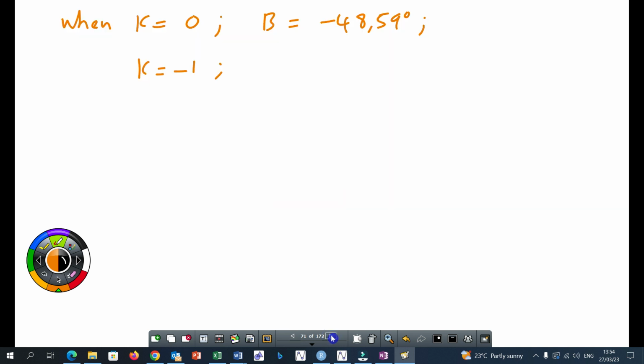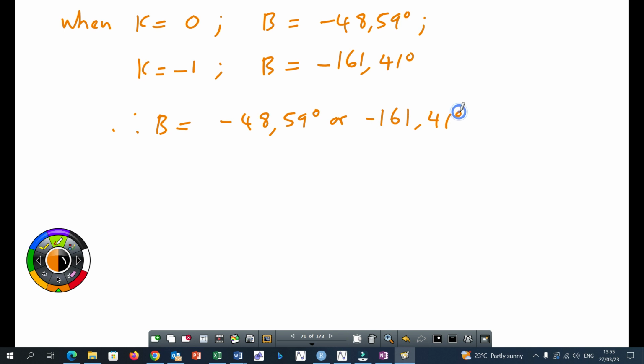Negative. So you get B equal to negative 161,41. If you try k equal to 2, you won't get a solution. If you try k equal to minus 2, you won't get a solution. So what that means is that B is going to be equal to minus 48,59 degrees, or it's going to be equal to minus 161,41 degrees.